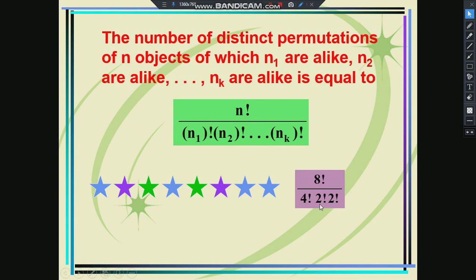So, that is 2 factorial. And the violet is also 2. So, 2 factorial. So, meaning to say, if we are going to arrange this one, we will be having 8 factorial over 4 factorial, 2 factorial times 2 factorial. Then, we will compute it. That will be the arrangement of the different colors of stars in a row.